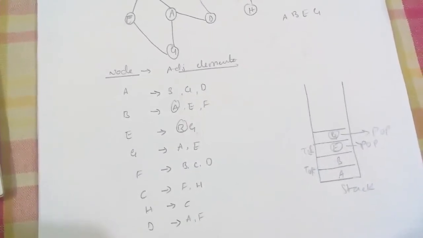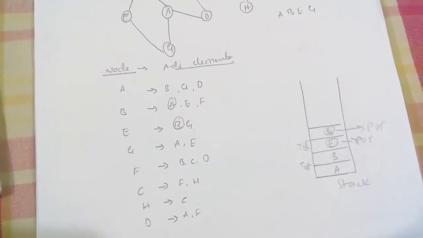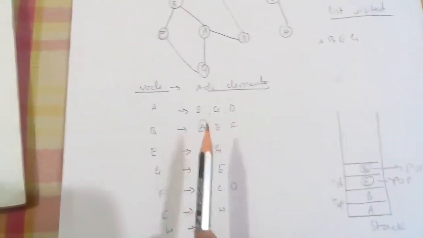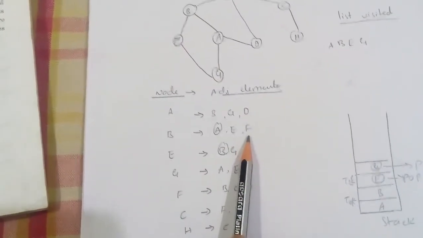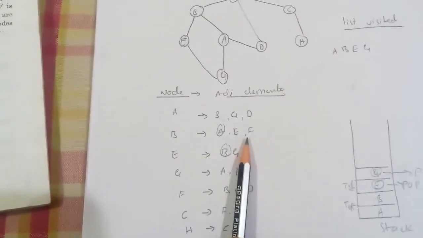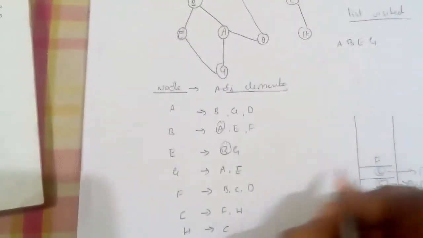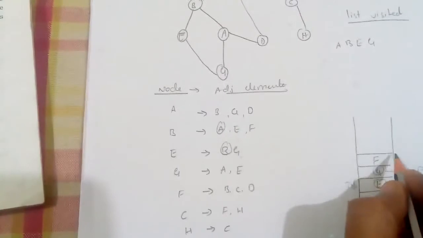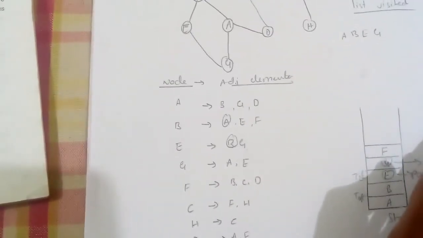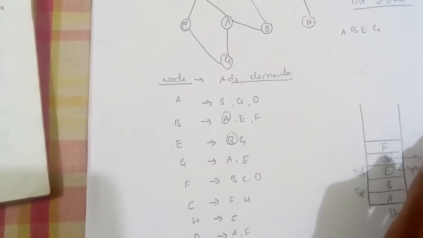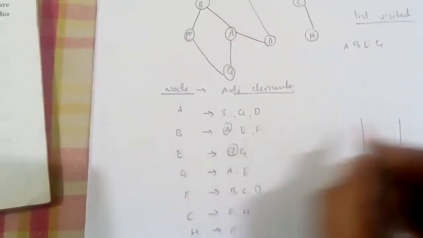The adjacent node of B that is not visited is F. A is already visited, E is already visited. The one which is not visited is F. So now F is pushed onto the stack and added to the visited list.